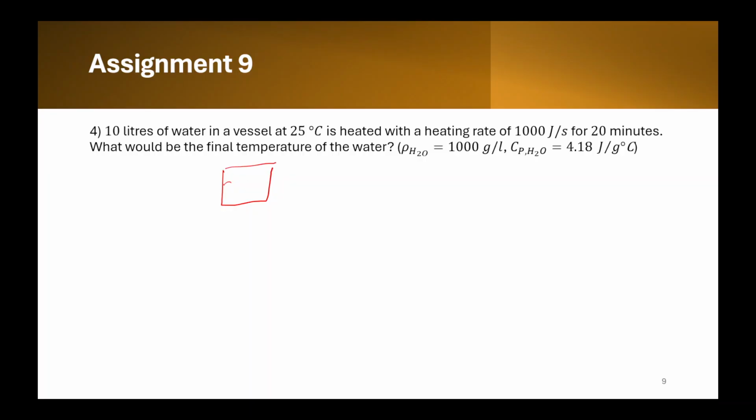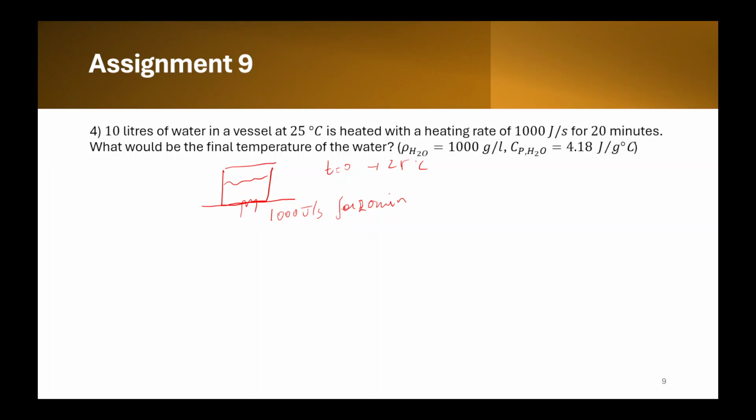There are 10 liters of water here in a pan and it is heating. This water at time t equal to 0 was at 25 degrees Celsius, and it is heated with a heating rate of 1000 joules per second for 20 minutes. So what would be the final temperature?